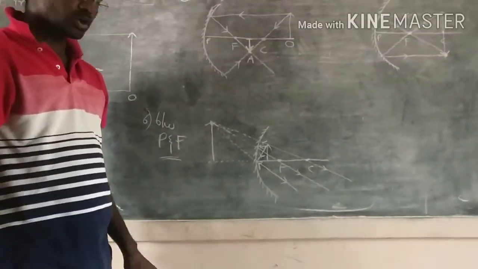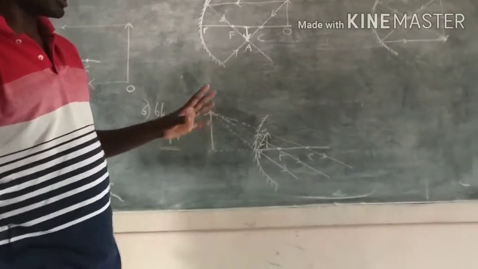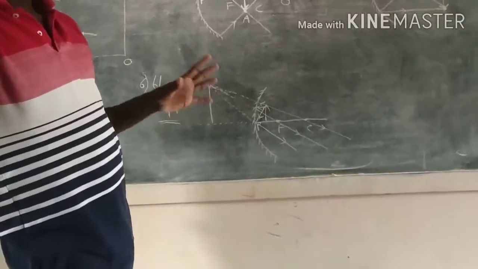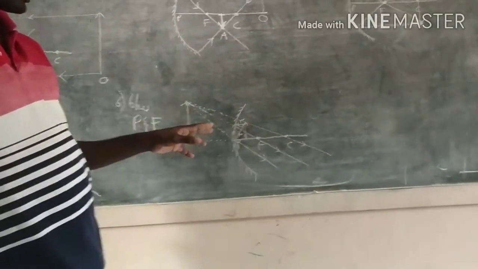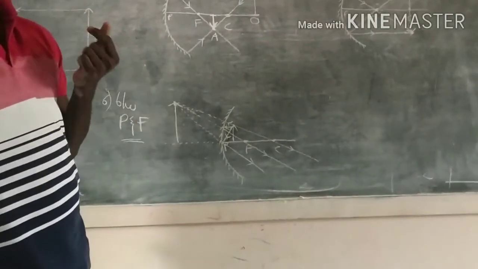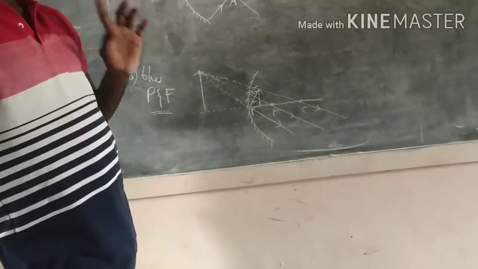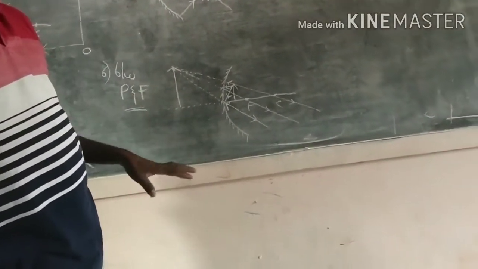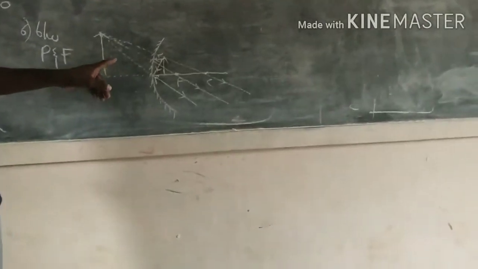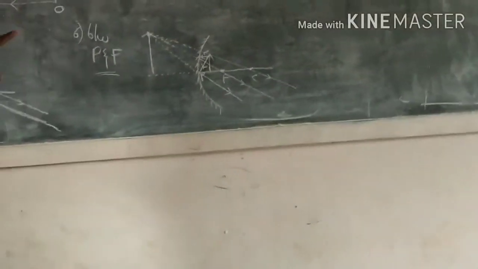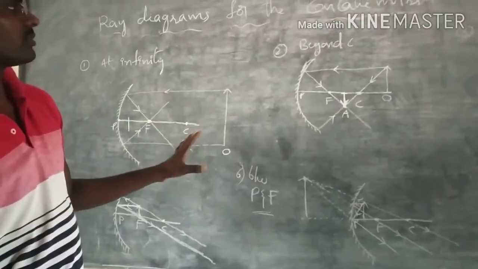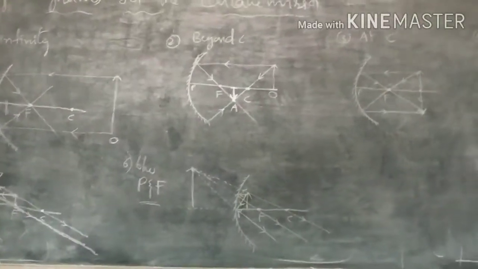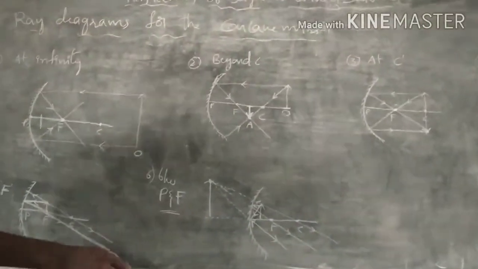A plain mirror will not give an image like this. The convex mirror also gives only a diminished image. That also gives a virtual image, but diminished. We will see it later. So this is all about ray diagrams for the concave mirror. Okay, thank you.